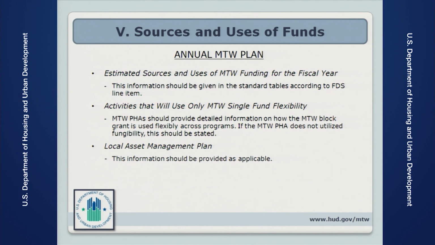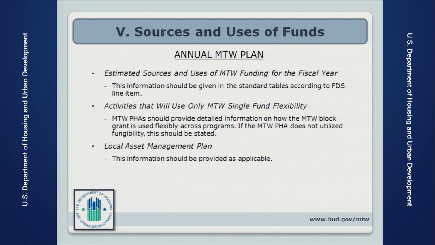Next, you'll be describing activities that use only your single fund flexibility. This space will give you a place to talk about the ways you're using single fund flexibility, things that are not technically MTW activities because they don't require any other flexibilities from attachment C or D of the agreement. So you want to highlight those activities that you undertake that only rely on your single fund flexibility.